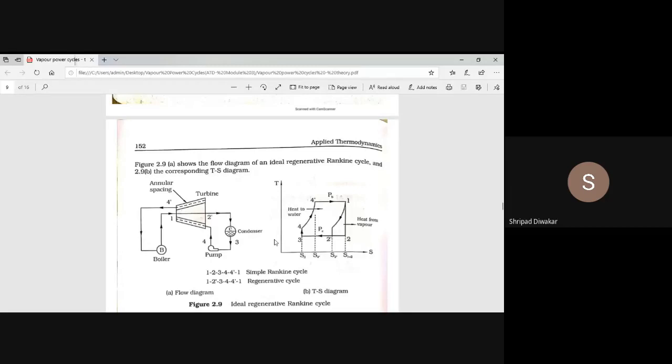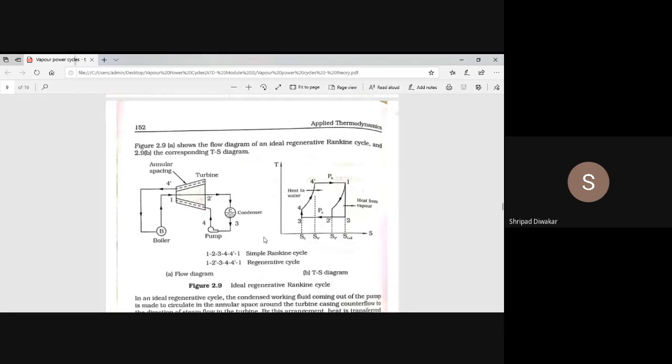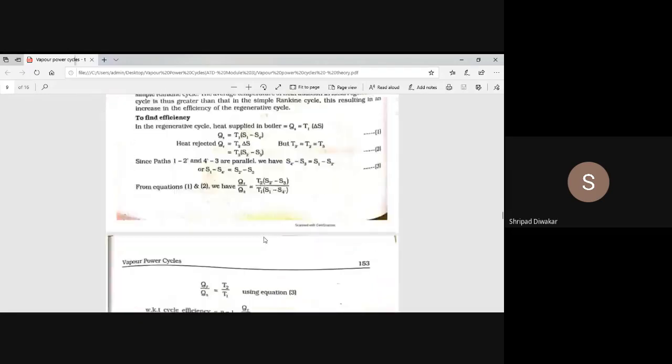So first you draw the flow diagram, next the TS diagram, then these steps to find the efficiency of the ideal regenerative cycle.